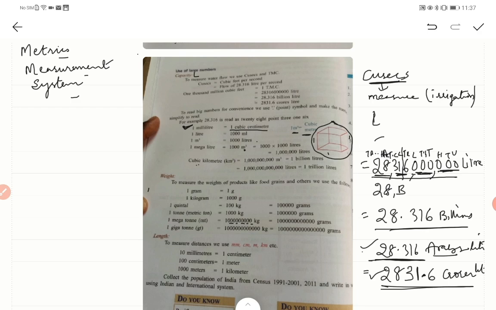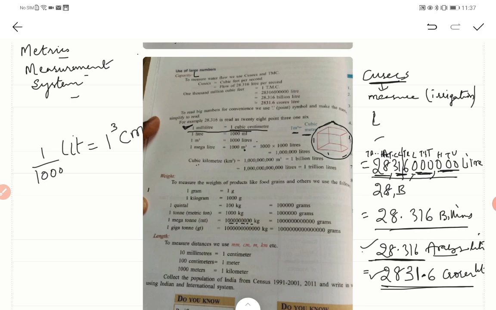So the measurement of this cuboid in terms of liter, we have this relation. 1 milliliter, milli is 1000th of a liter, is equal to 1 cubic centimeter.